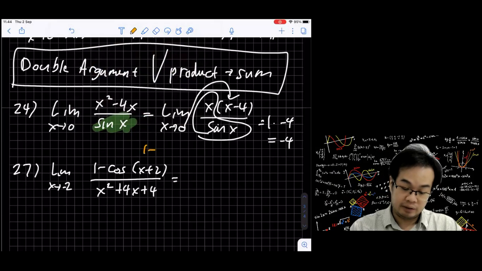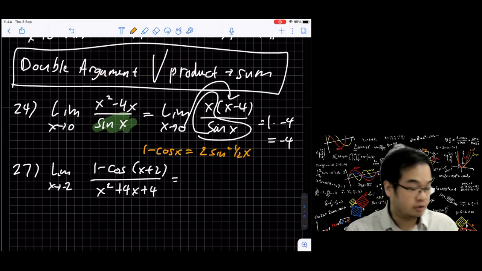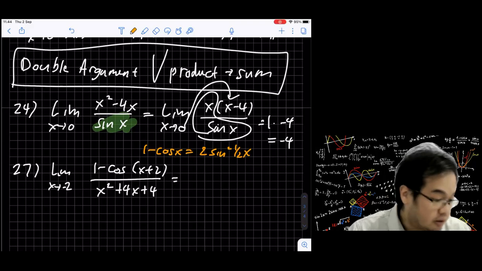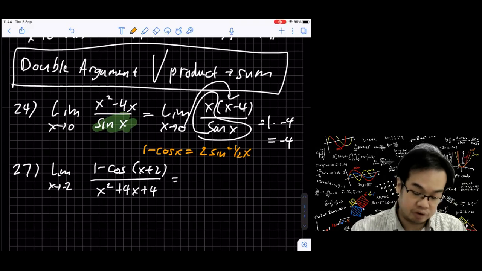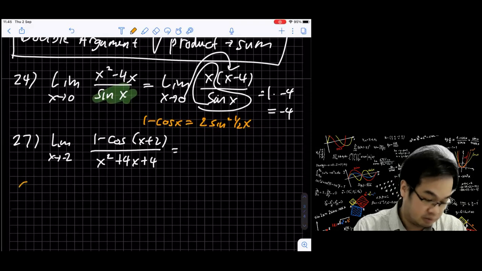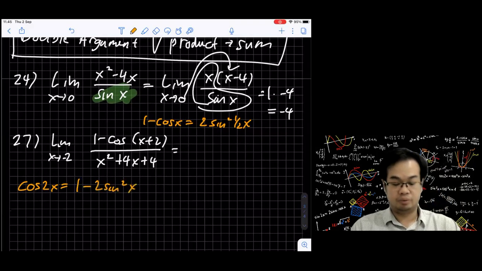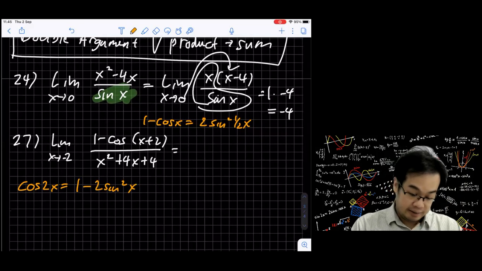According to the formula, 1 minus cos x is equal to 2 sine squared of half x. If you check number 7, it comes from cos 2x. Cos 2x is equal to 1 minus 2 sine squared x, so if we rearrange it, 2 sine squared x is equal to 1 minus cos 2x.